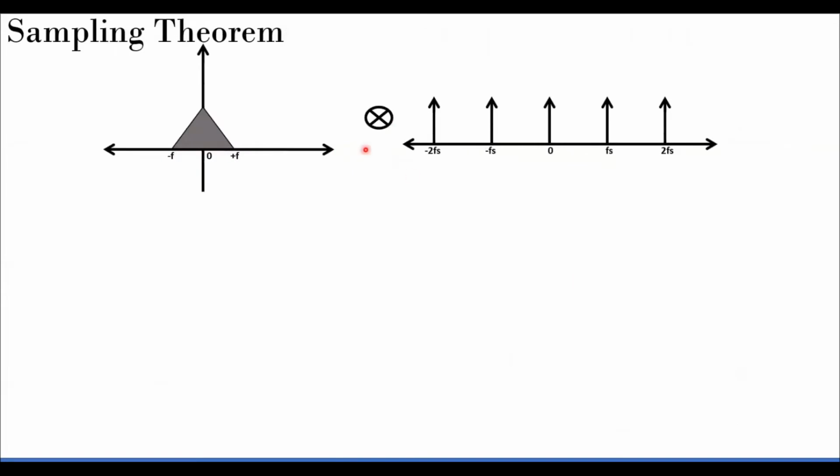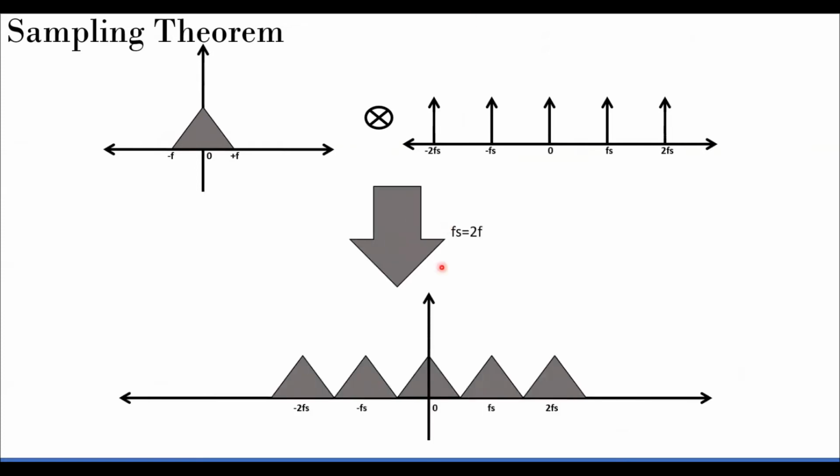Okay, so this is your original signal again, and these are the possibilities of the repetition that will happen after the sampling. So let's think about this scenario: Fs is exactly equal to 2f. That means this distance is exactly equal to 2f. 2f is nothing but this bandwidth.